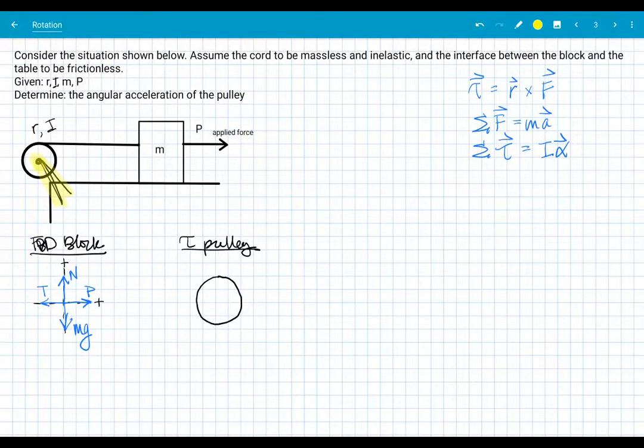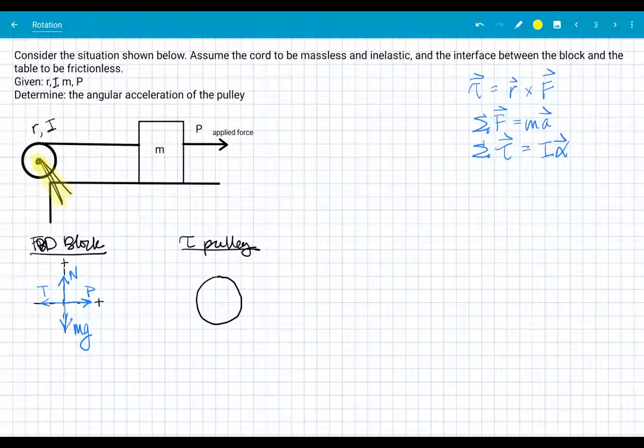If you look at the pulley, we see that there's a normal force and then obviously the weight of the pulley, if you were to draw a free body diagram of that pulley, right? The pulley has weight. We know that. It has a moment of inertia, I, so we're not talking about a massless pulley anymore here. We're talking about a pulley that has mass. So the gravitational force on the pulley, its weight, will be directed straight down.